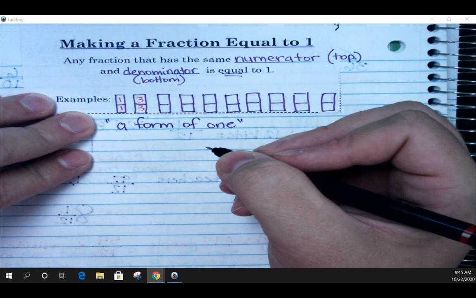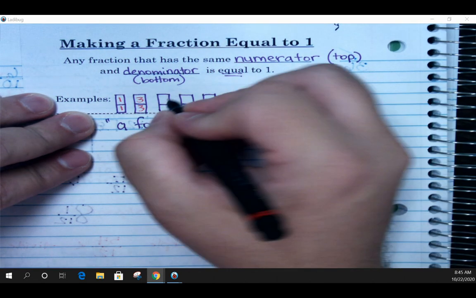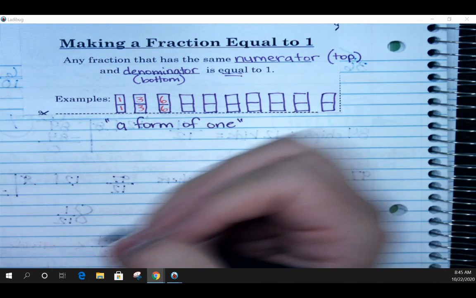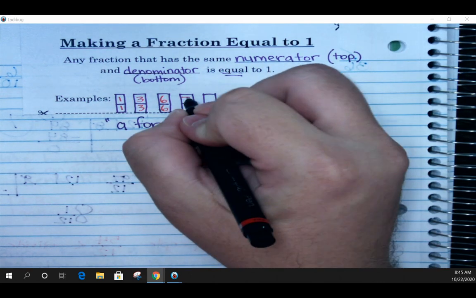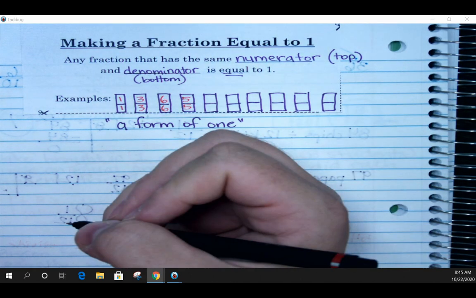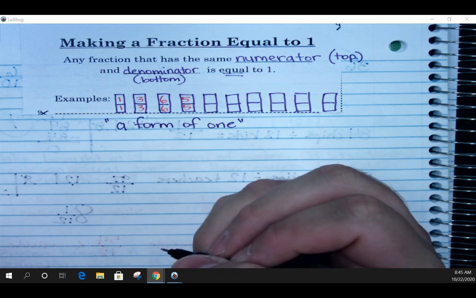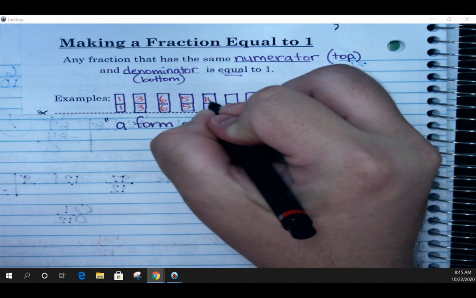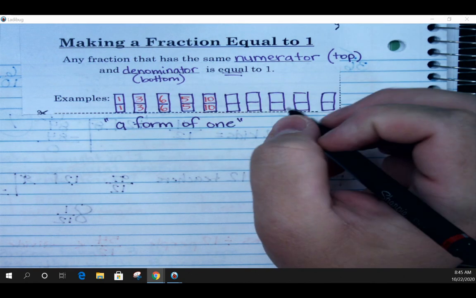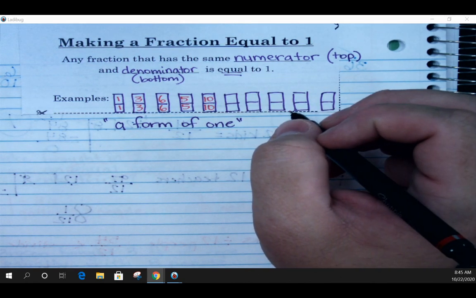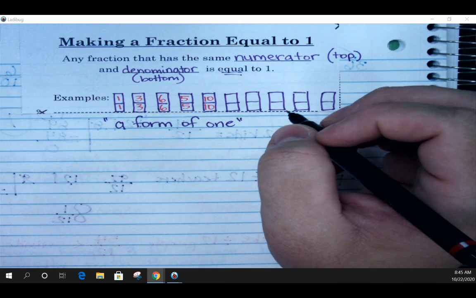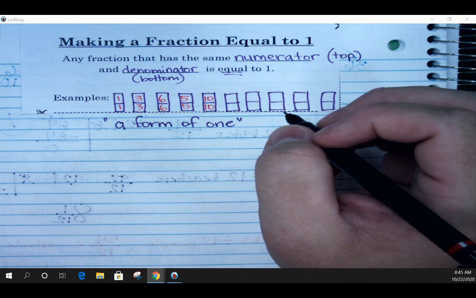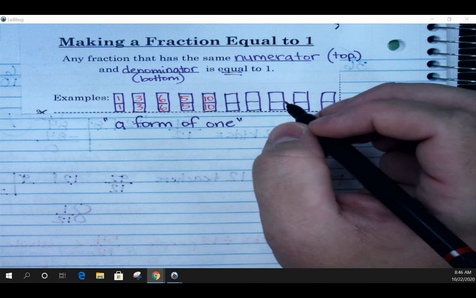What's another one, Aiden? Thomas? Blake? Forrester? 2 over 2.